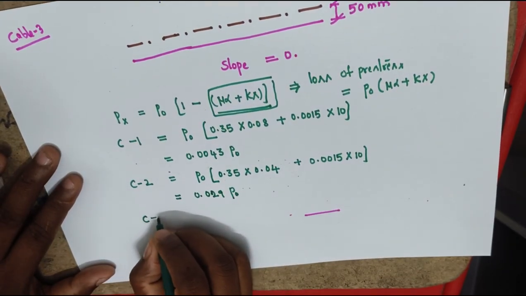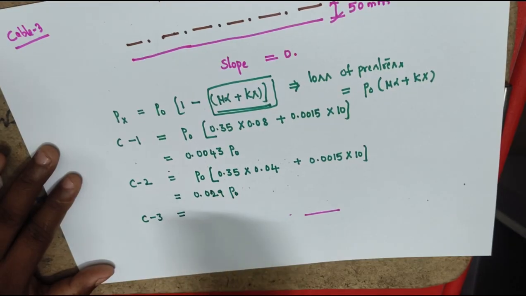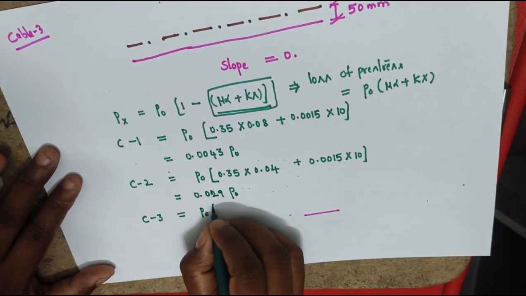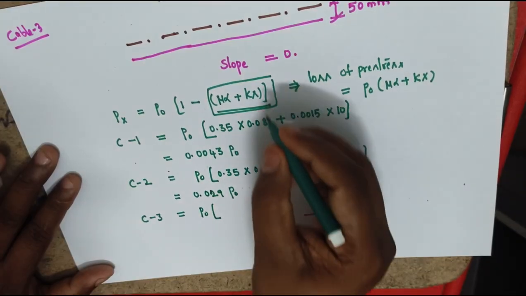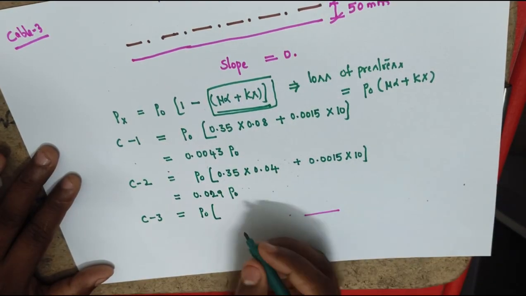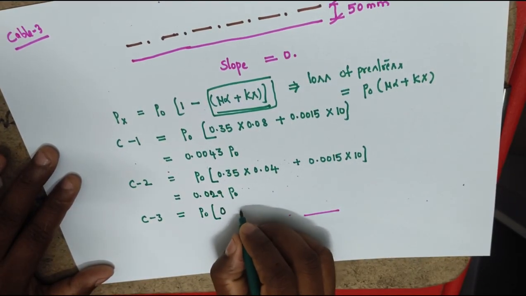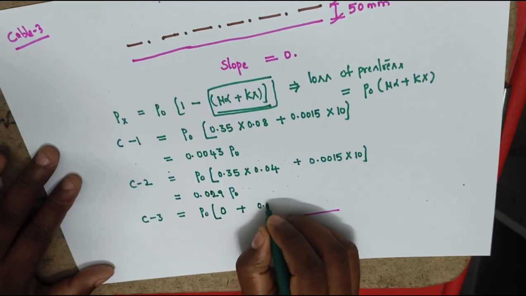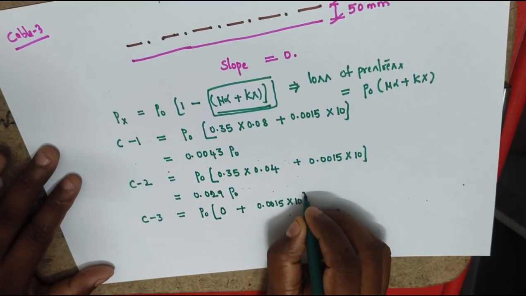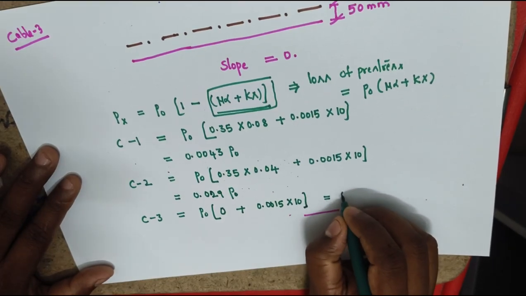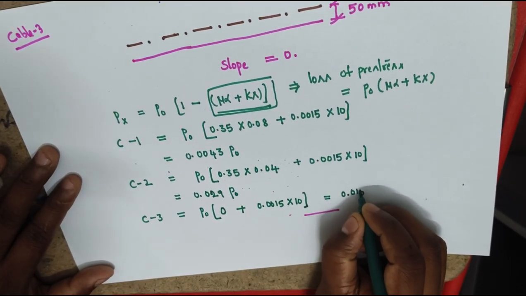Cable 3: P0 times, there is no slope, means there is no alpha, means this term will be 0, plus 0.0015 times 10, that is equal to 0.015 P naught.